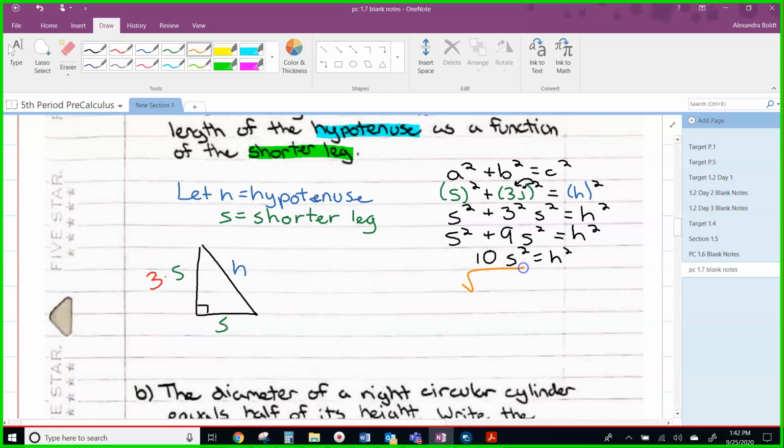So the square root of 10s squared is going to equal the square root of h squared. I do that because my square root and my squared cancel, so I'll just be left with h.